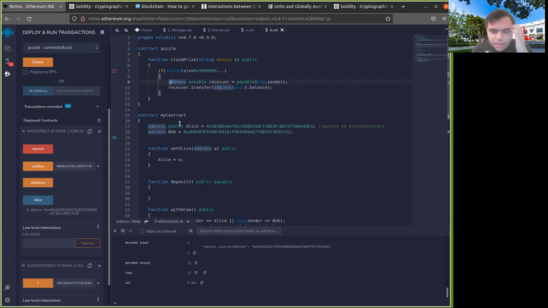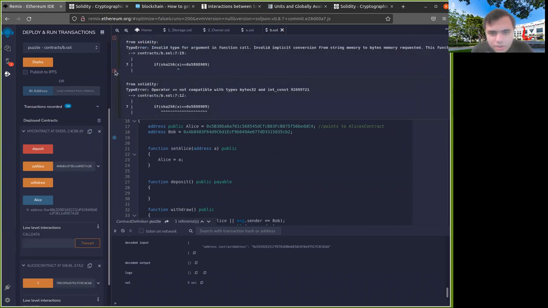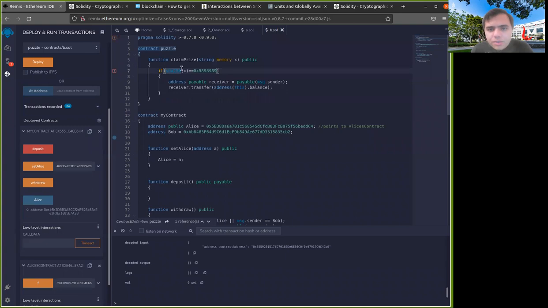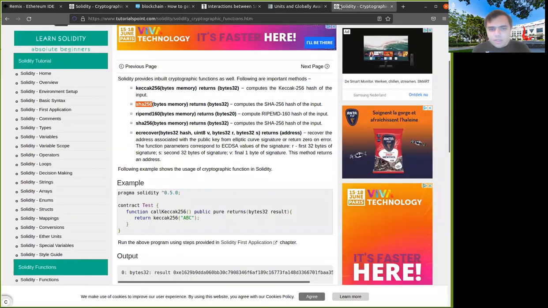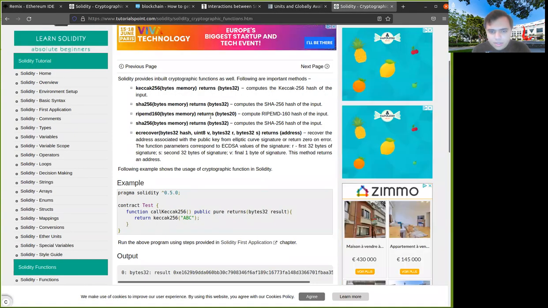I will take the sender of the current message, whoever called this claim price, and send them all the money that the current contract holds. Okay, actually, let me put something like this here. I think we have a typecast error. We also have to change the type of X, but that's not a big deal for us for now.